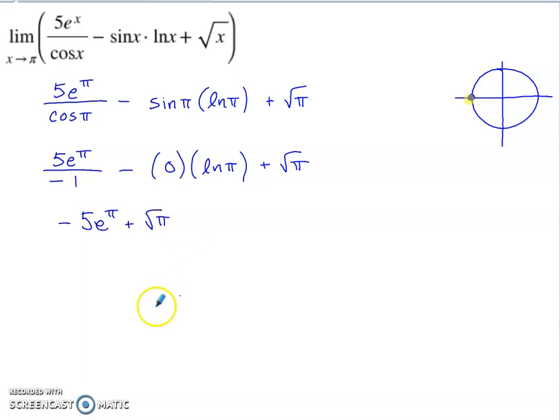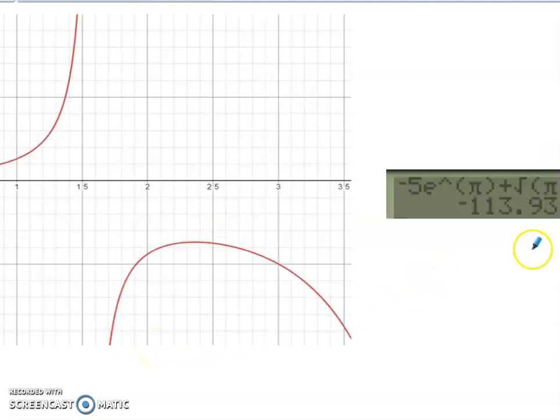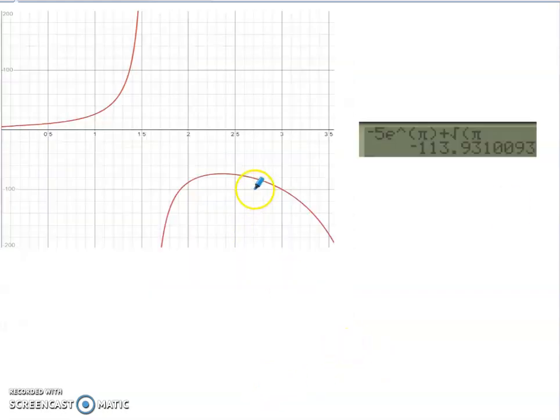Let's try to confirm that what we've just done is okay. On the next screen, I have a graph that I built on Desmos. Let me enlarge this a little bit. If we locate 3.14, and if you're looking at the scale on the x-axis, that's 3.1, 3.2, so 3.14 coming straight down to the graph somewhere in that range.